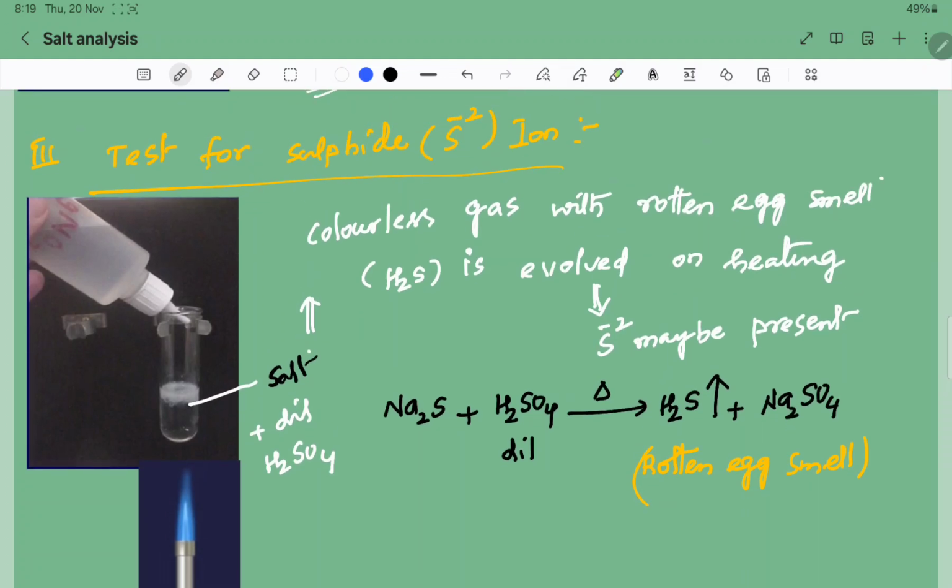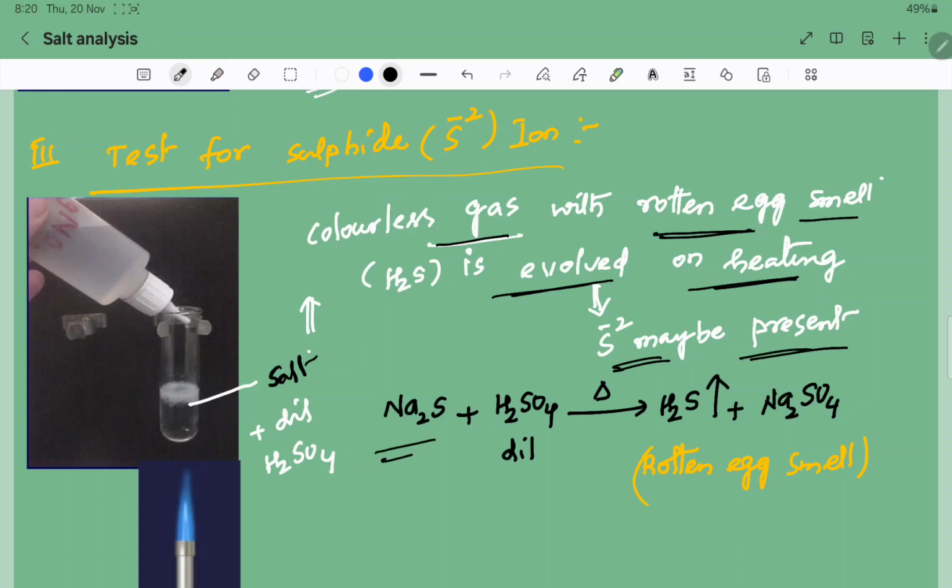When sulfide reacts with H2SO4 followed by heating, it gives a colorless gas with a rotten egg smell. That is H2S evolved on heating, so S2- sulfide ion may be present.